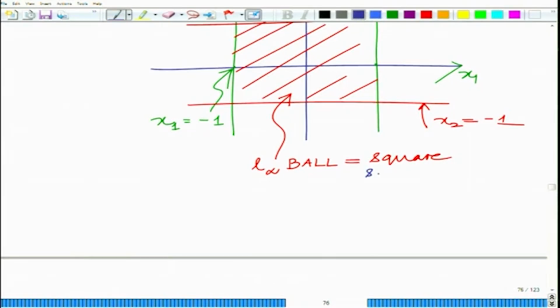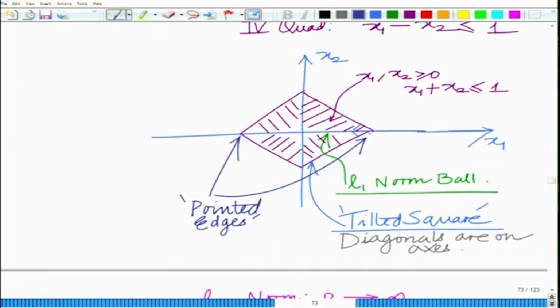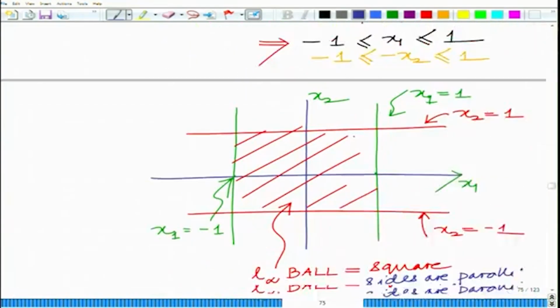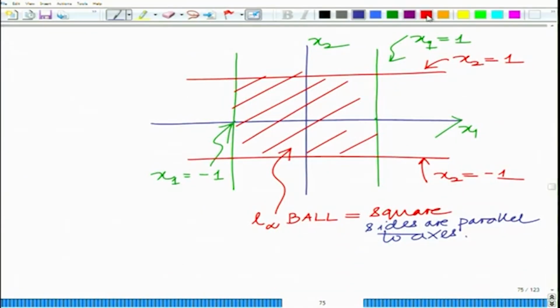Remember, the L1 square had the diagonals along the axes, and the L infinity square is the normal square that you would imagine, which has the sides that are parallel to the axes.